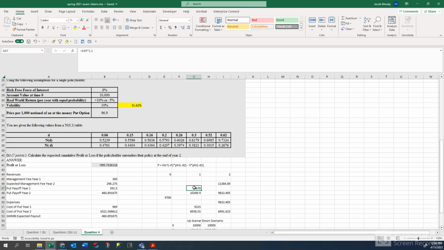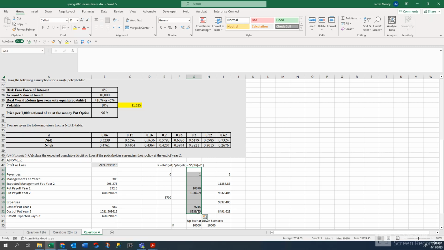So if I was at time 1, I'd already decreased 3% of this. And then of the 9,215, I decrease 3%. And of this value, I increase either 10% or go down 5% in each of those ones. So let's first start with time 1. Time 1's a lot easier to do.